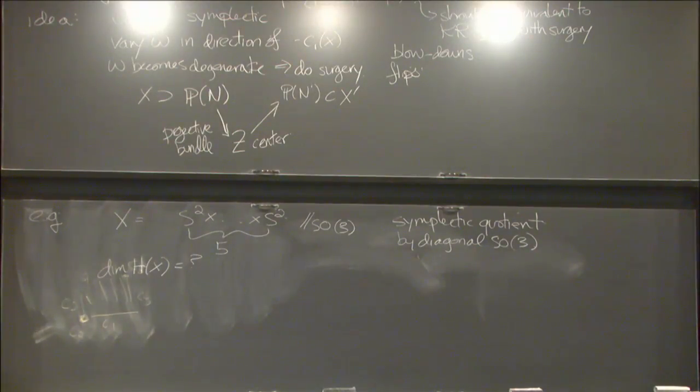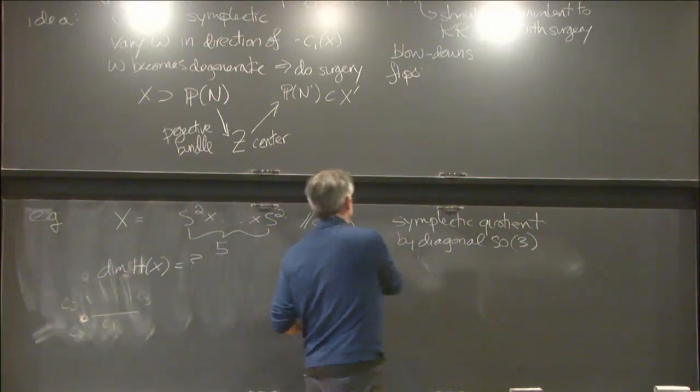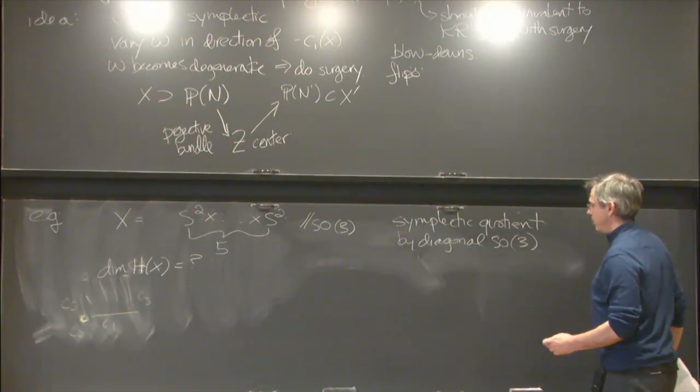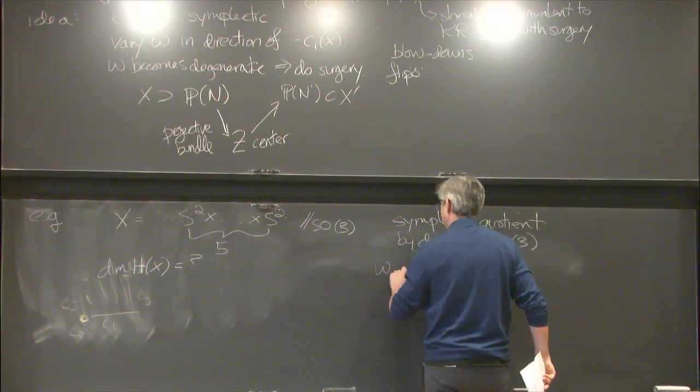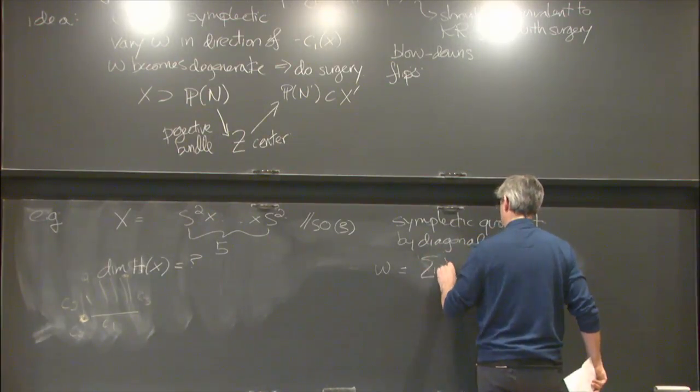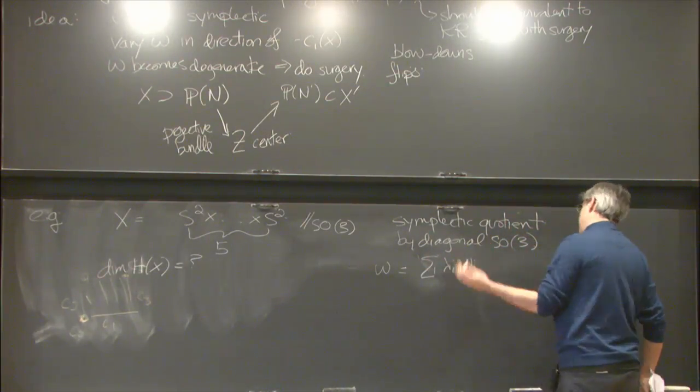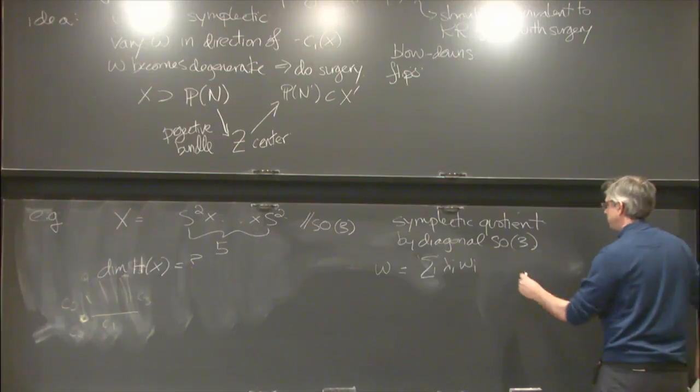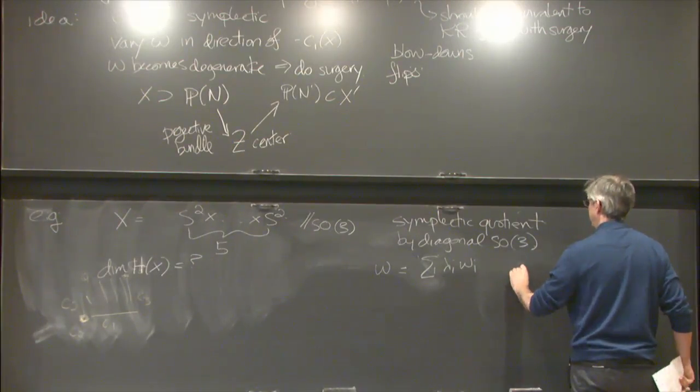So one thing you can try to do here is look for an MMP running. I want to use this example to show that it's actually not that scary to find these. So any guesses about what the MMP was? I guess I didn't say what the symplectic form was. So the symplectic form is going to be some sum of standard symplectic forms on the different factors.